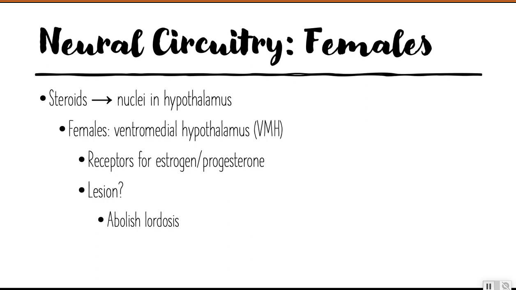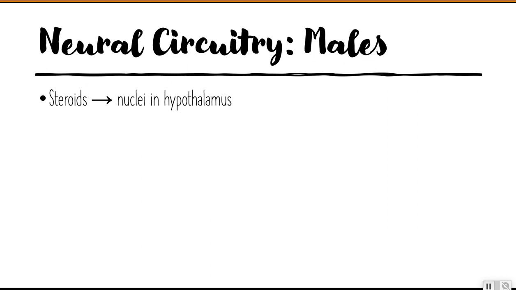They're not going to arch their back. They're not going to signal that they're ready for intromission. So this is really important with females, that lesioning the VMH is going to abolish behavior, particularly lordosis. So that is how it works in female rats.